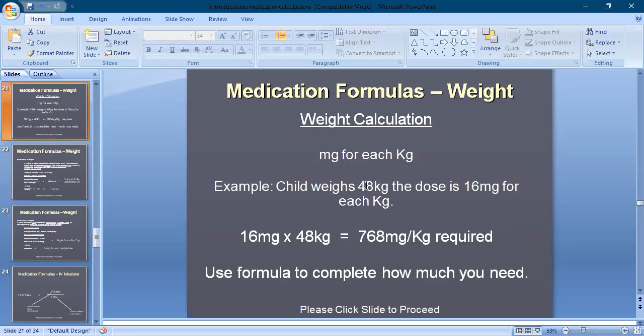So 48 multiplied by 16. So in total the patient needs 768 milligram. So in the NCLEX board exam, if they give something like this, like 10 or 16 milligram per kg, and the patient body weight is 60 or 65 kg, you have to multiply always. When you multiply, you are able to calculate the total dose. So use the formula to work out how much you need.